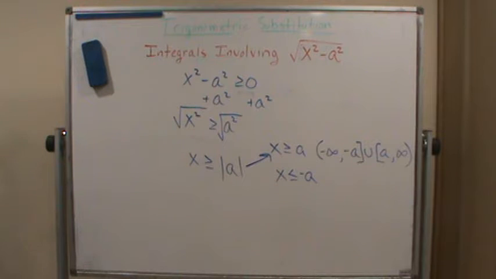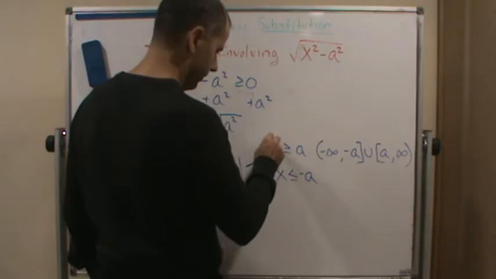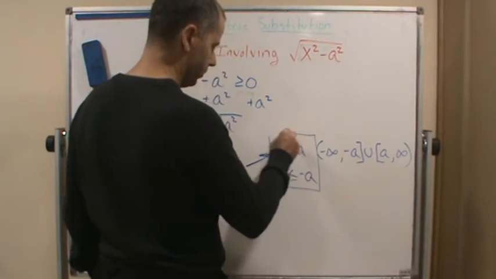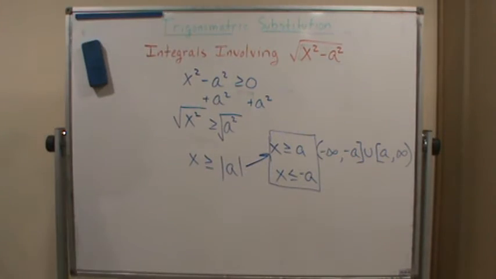Okay, so that's important to know. So this is what the conclusion is: either x has to be greater than or equal to a, or less than or equal to negative a.